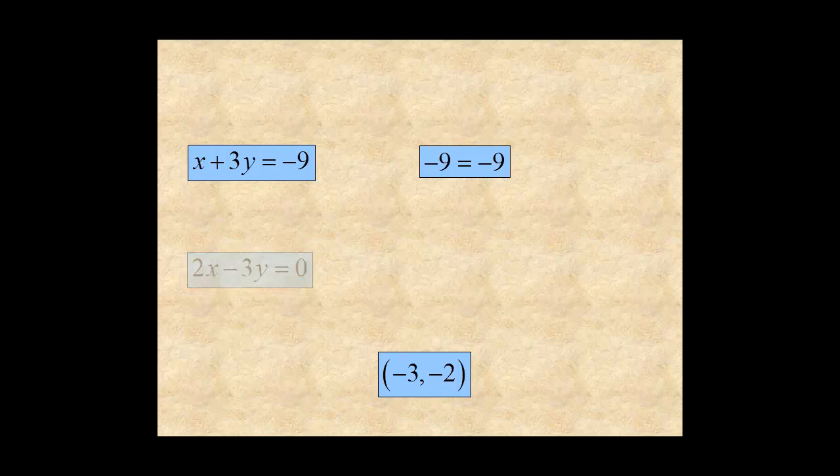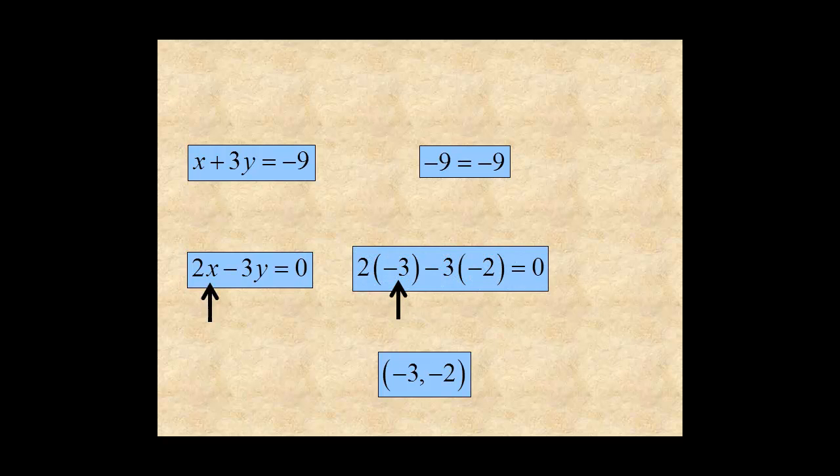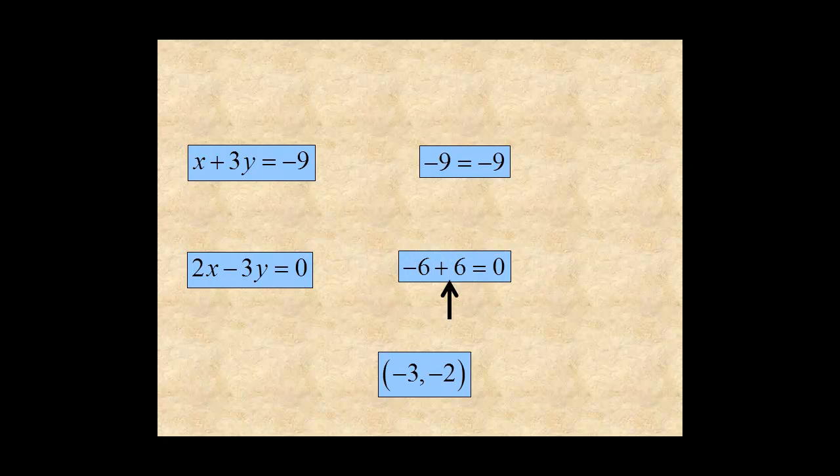For the second equation, substitute x = -3 and y = -2. Then 2 times -3 is -6, and -3 times -2 is +6. Then -6 plus 6 is 0, and the solution checks in the second equation.